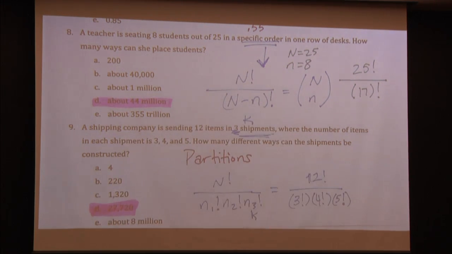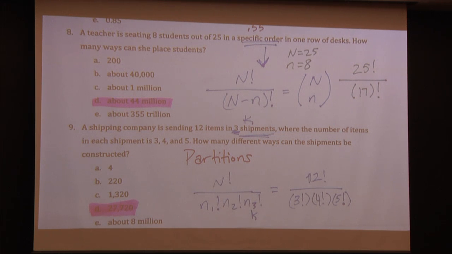Did anyone else get anything wildly different? You may be different by something in the ones place or the decimal, perhaps, but just approximately 27,720. If you got something wildly off, let me know. In the back, and make sure you speak up. How do you put that in the calculator?